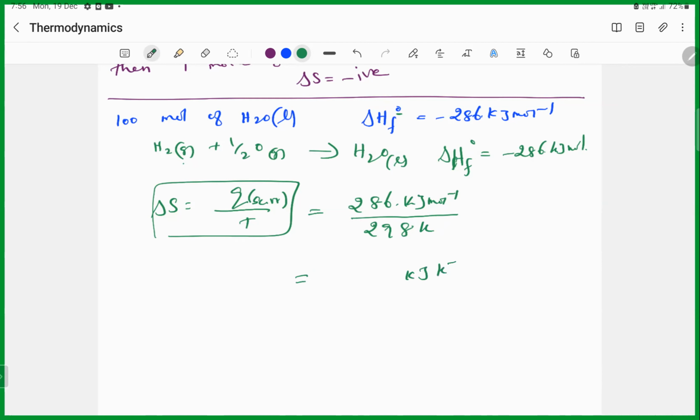Kilojoule per Kelvin per mole. 286 by 298. What is the answer? 0.9597. So when you are changing kilojoule into joule, 959.7 joule per Kelvin per mole.